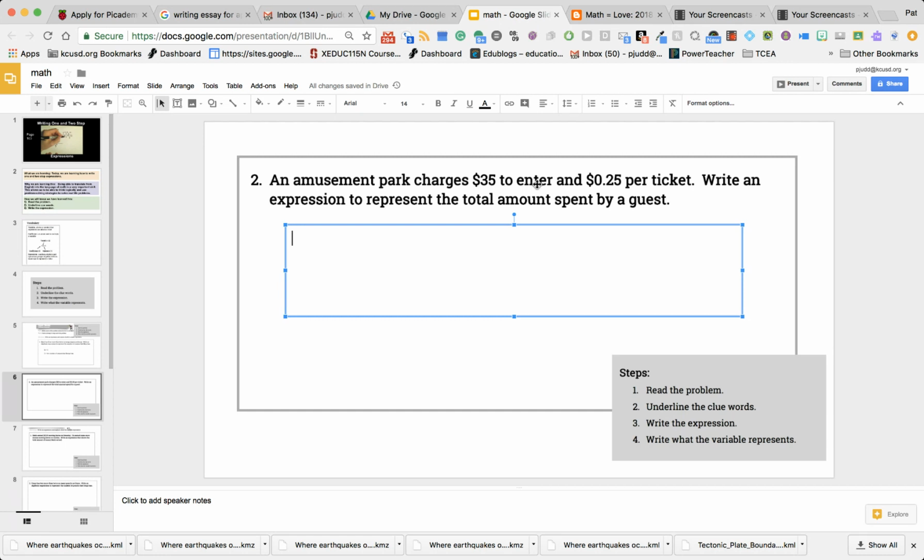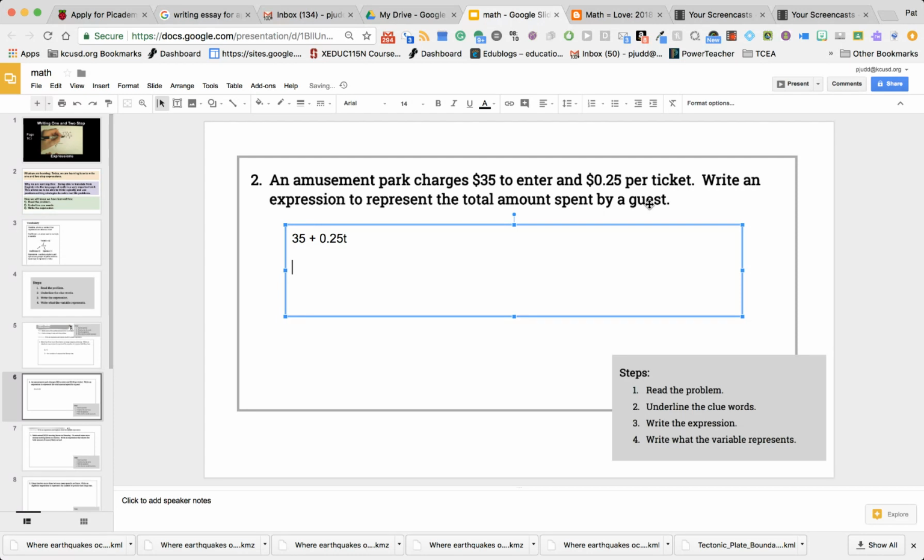So that's a one-time fee, and 25 cents per ticket. I don't know how many rides I'm going to be going on, but I know each time I go on a ride, I'm going to have to pay 25 cents. So write an expression to represent the total amount spent by a guest. Well, I know I'm going to have a one-time fee of $35 plus 25 cents per ticket.